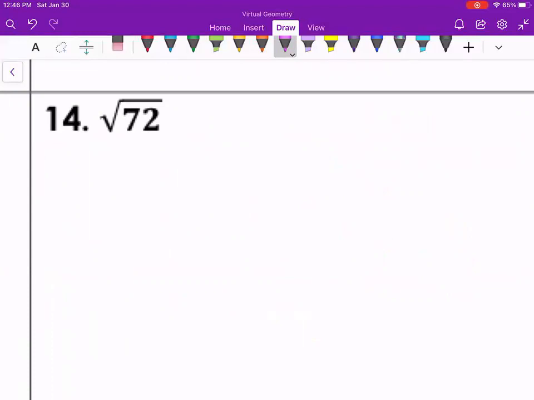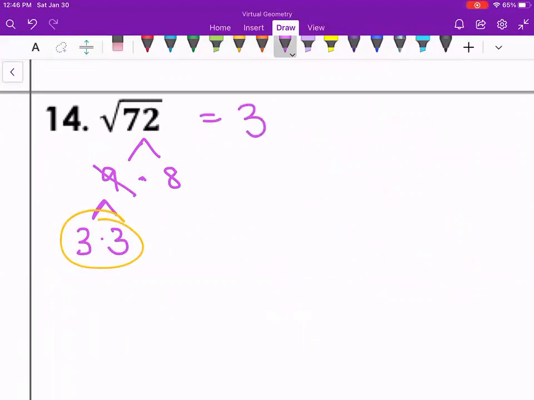Let's try 72. I can do 9 times 8. All right, both of these can go farther to get the 9. I can do 3 times 3. There's a pair. So it comes out front. I can break down the 8. 2 times 4.